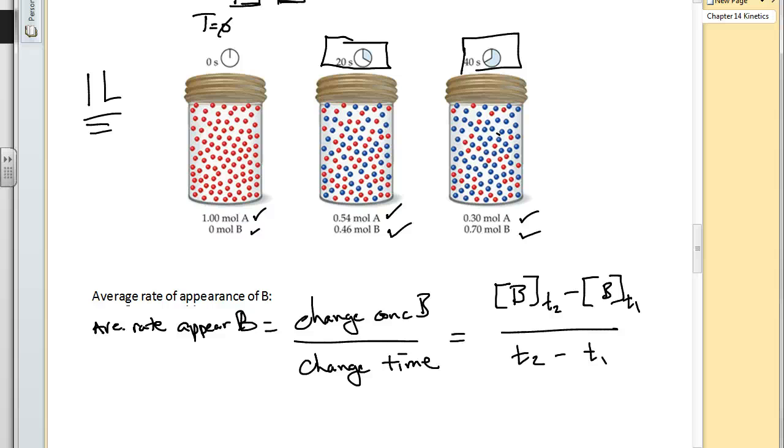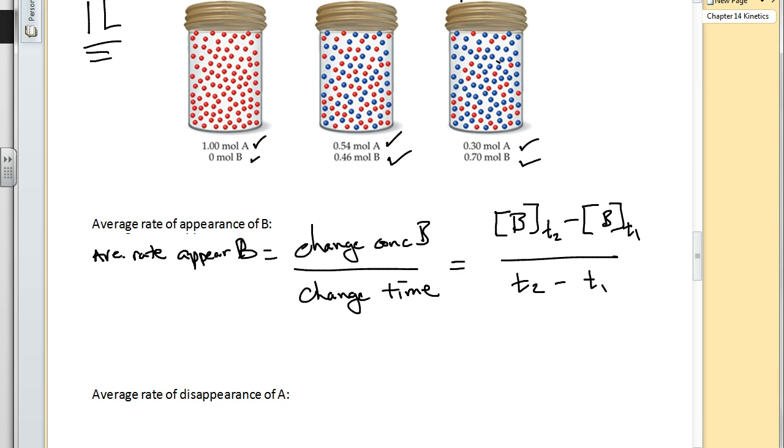So let's scroll down just a little bit, and we can plug in some concentrations. So B at time 2, we're going to say time 2 is at 20 seconds, so 0.46 molar minus 0.0 molar, and then we're going to do time 2, which was 20 seconds, minus time 1, which was 0 seconds.